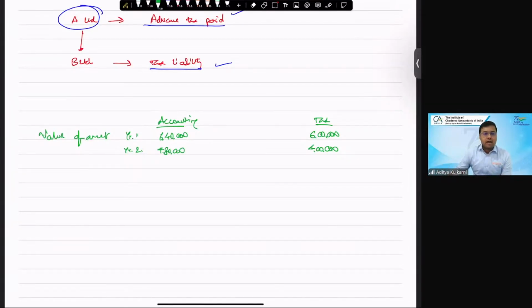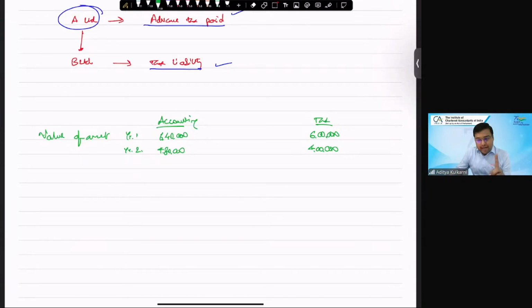For accounting purposes, I can depreciate to the extent of 4,80,000, so in the future my accounting profit will fall by 4,80,000, but my tax profits will fall only by 4 lakhs. So my profits for tax purposes will be higher by 80,000 in the future.